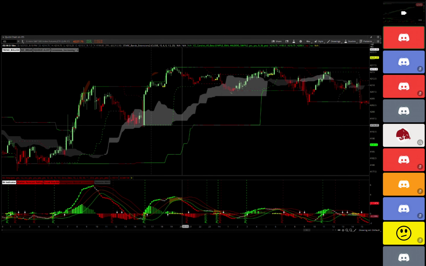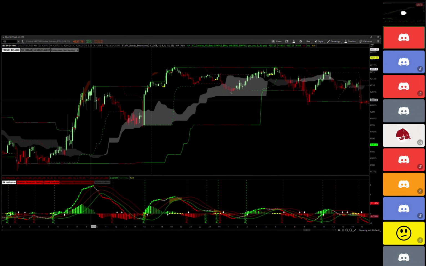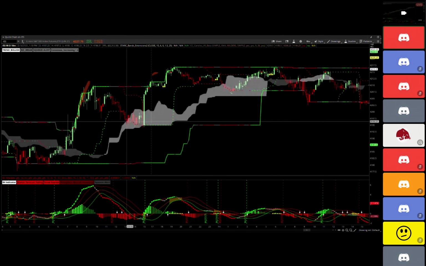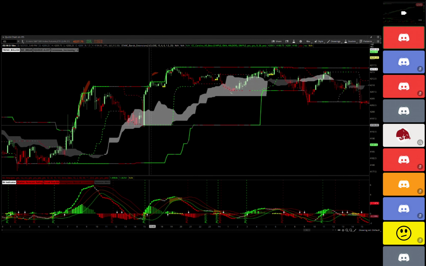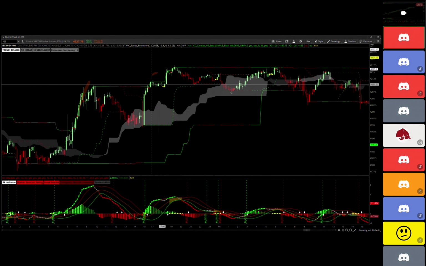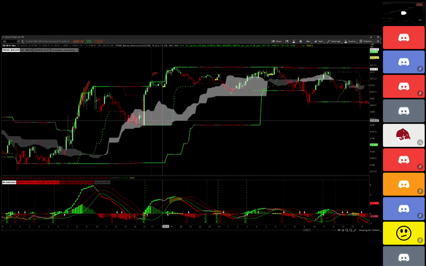This is the last stand for price. Price has slid down, entered into the Kumo, or the cloud here, and it comes in contact with the last stand, or Senkou Span B. And then it just busts through the cloud in an epic breakout right there. That's beautiful.